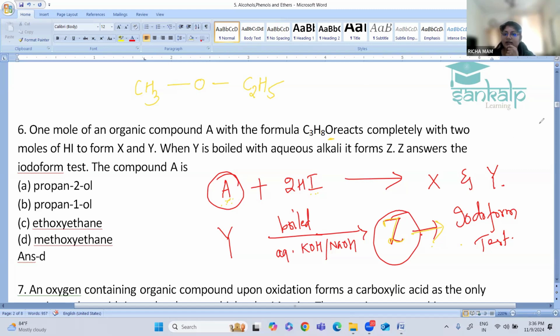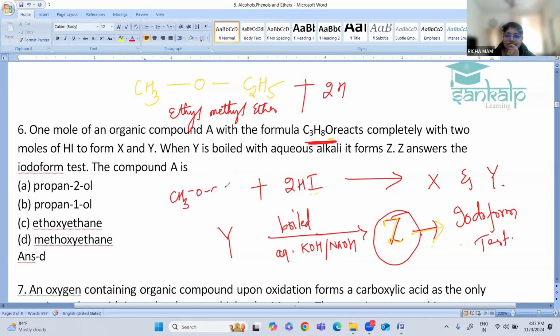Ethyl methyl ether, so this is your CH3OC2H5. If it reacts with your 2HI, what will be my product, X and Y?